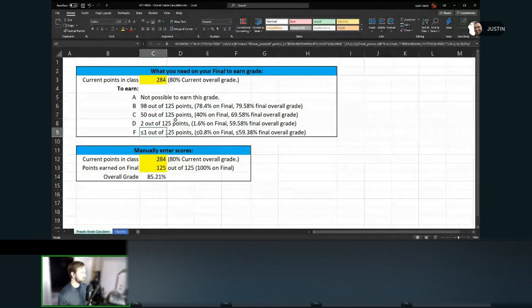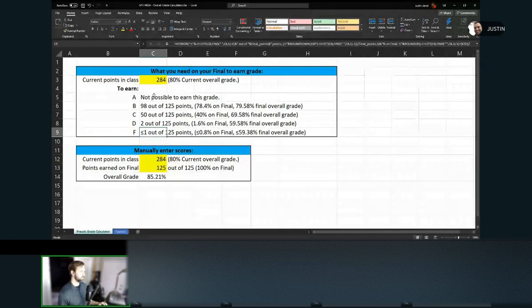And if you have a B in the class right now, 80%, and you miss every single question and get only 1 point correct, 1 out of 125, which I'm pretty sure you could guess and at least get one right, you will pass this course if you get 1 point on that test.